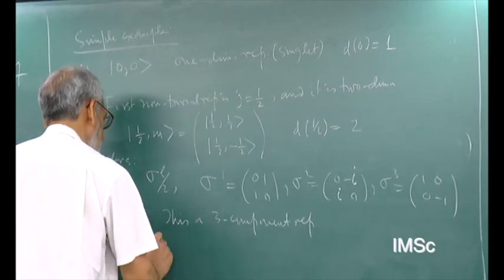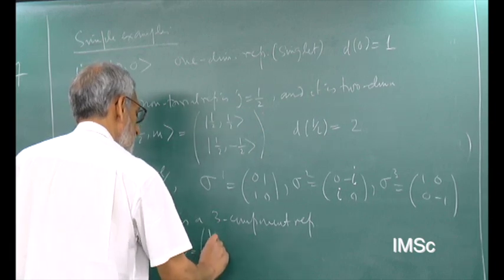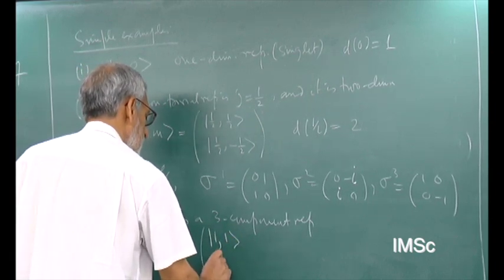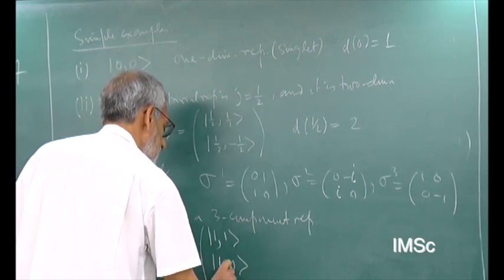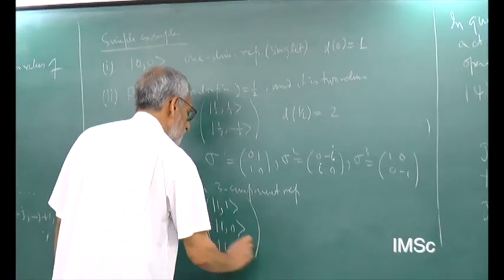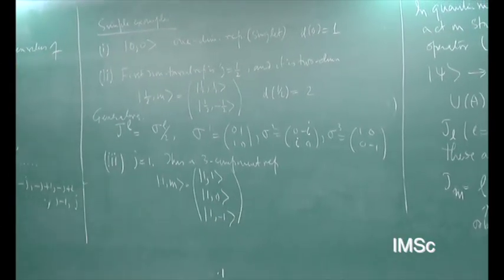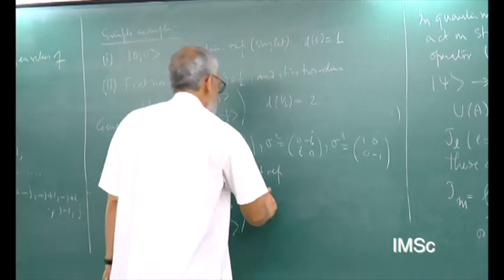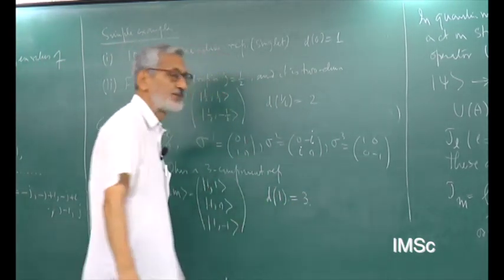Let me write it: 1 M. M has values plus 1, 0 and minus 1. So that's the three components. So the dimension of the J equal to 1 representation is 3.